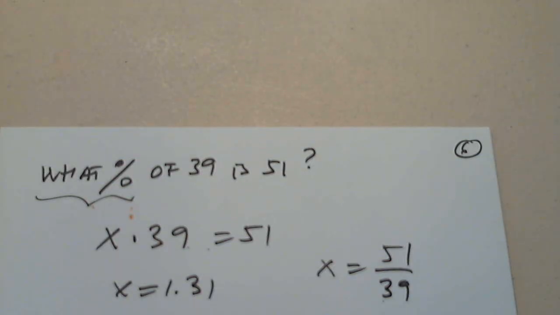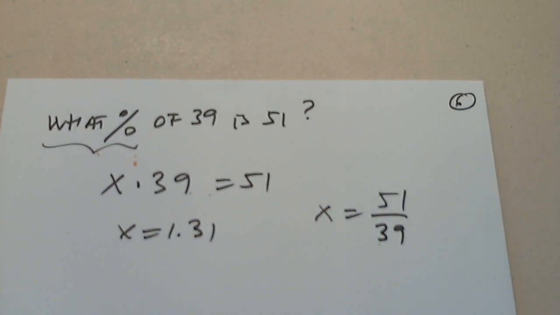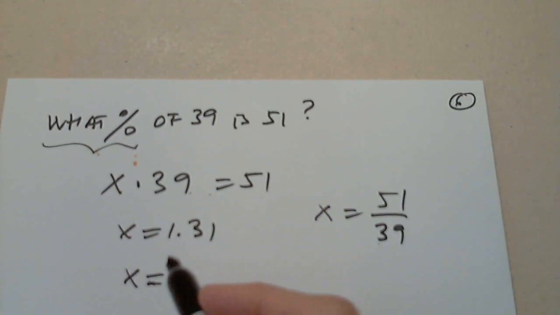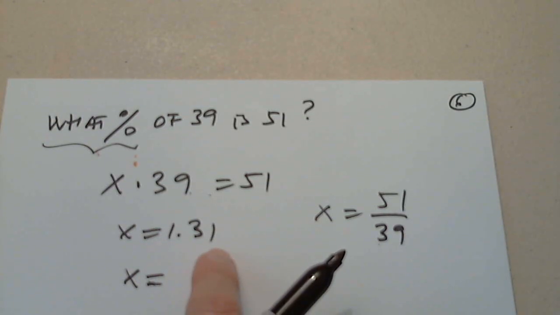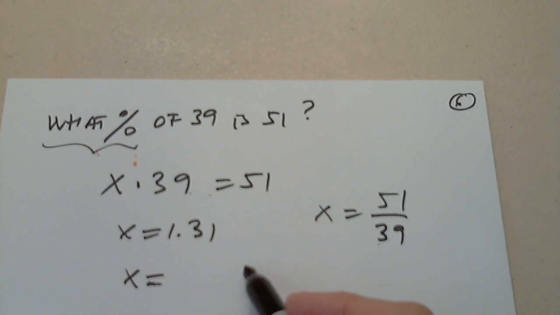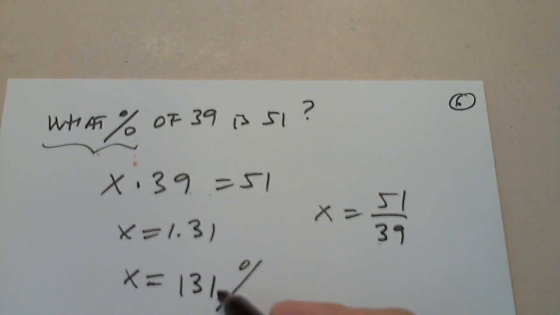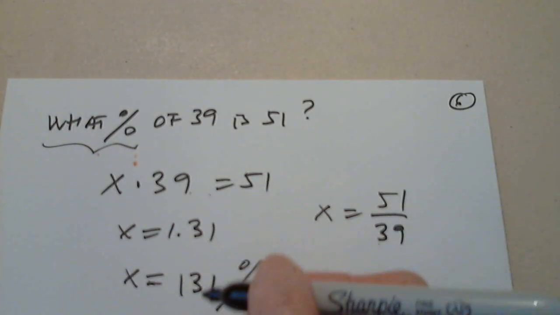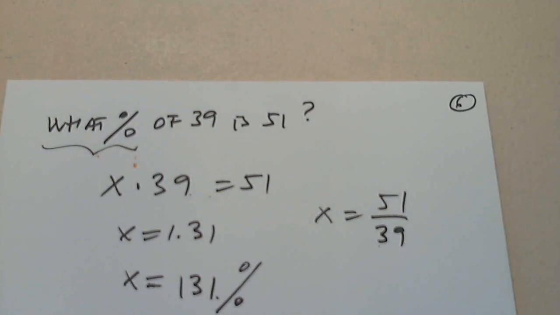This is a number, and we want to make it into percent. What will this be? 1.31 in percent. Exactly. Because the decimal point is here. If I want to change it into a decimal number, I have to divide by 100. Excellent.